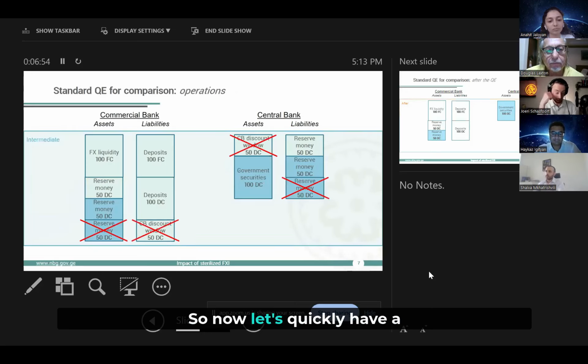So now let's quickly have a discussion of what happens when the central bank does QE, quantitative easing, so that we can use these adjusted balance sheets after QE to compare to balance sheets after FX interventions. So when the central bank does QE, it's a relatively simple operation. It means that a commercial bank will get liquidity from the central bank.